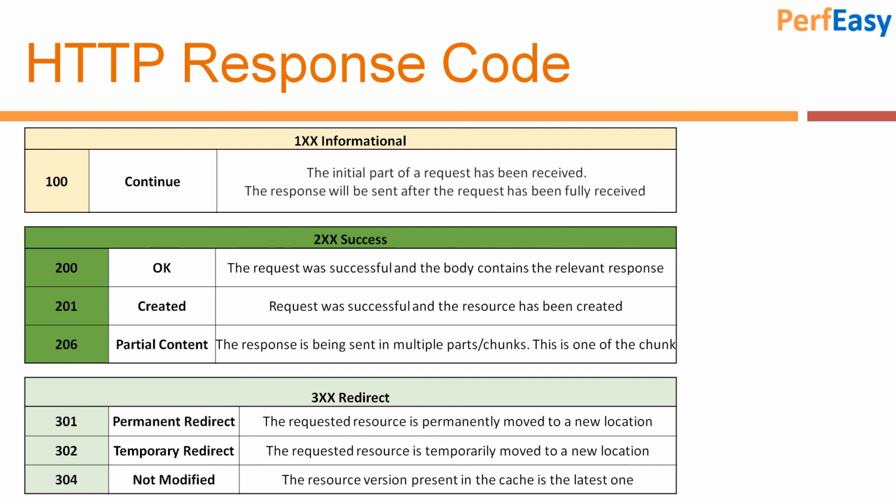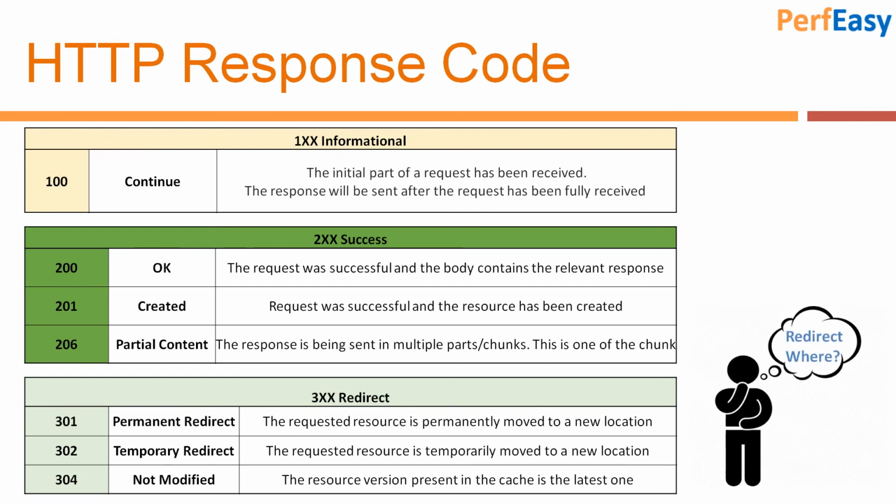If both are the same, then the response from the server will be 304 Not Modified, meaning this resource is not modified, and the browser can successfully use the same image present in the cache and does not need to download it again. So 300 is redirect plus one, not modified, so the browser uses the cache to display the page faster.